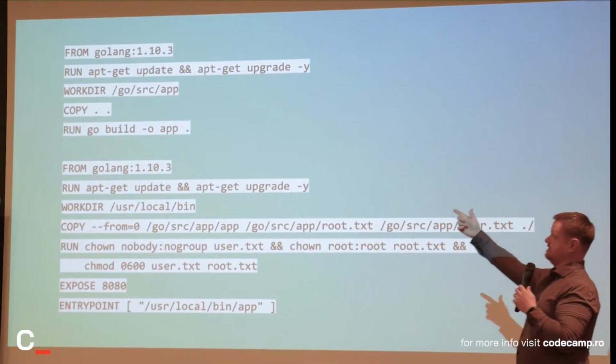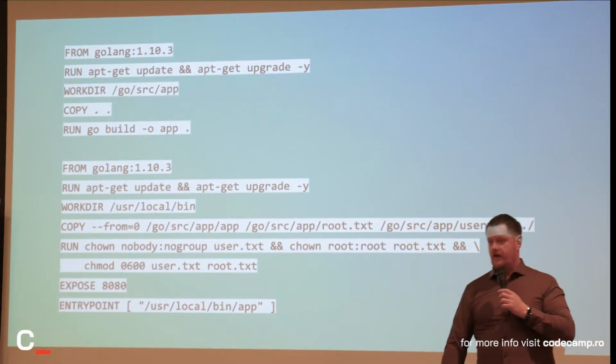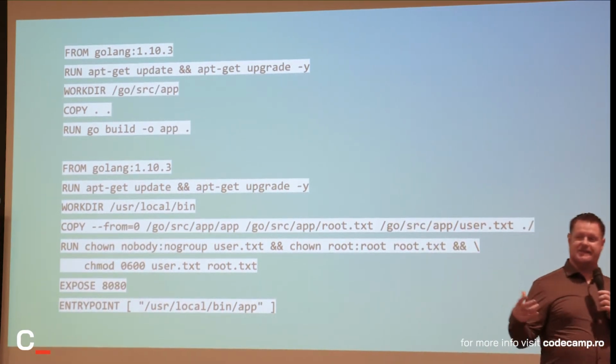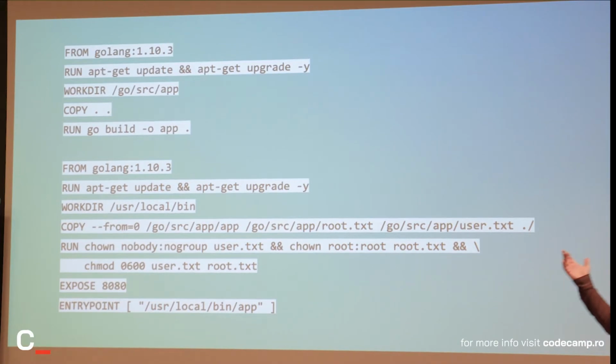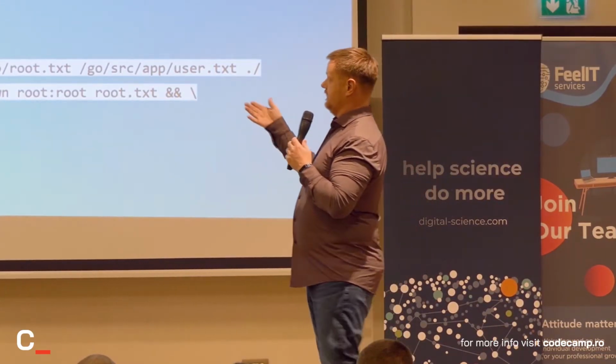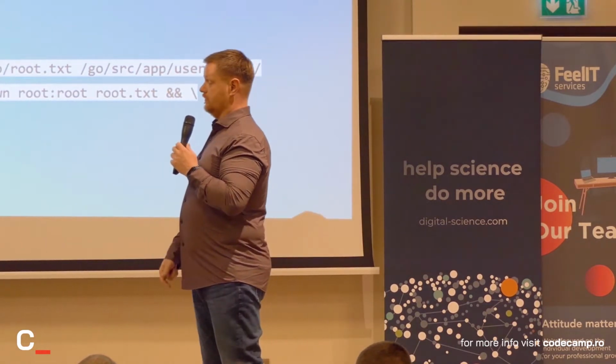We then set a working directory. Then we copy in the source code. So in the same folder as this Docker file is a bunch of source code, and we're simply copying it in there, and then we do a run command, which runs go build.